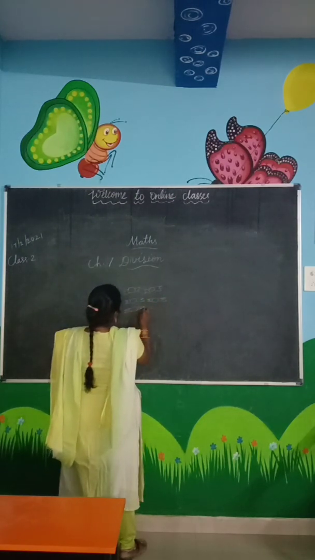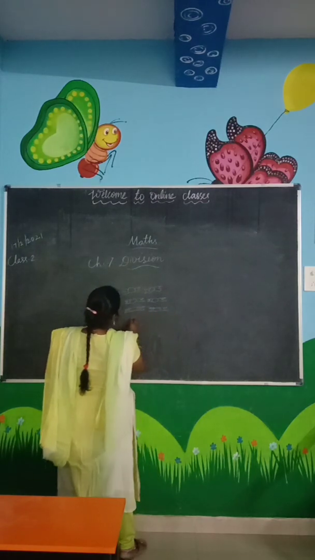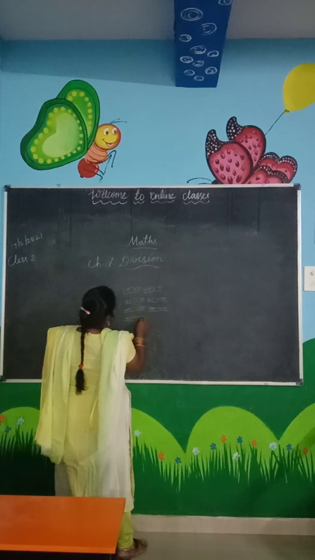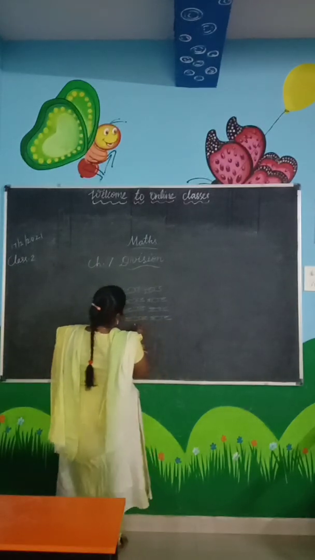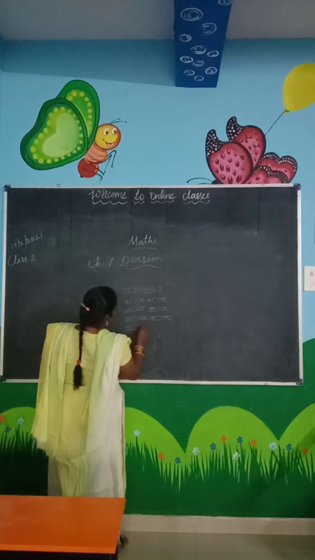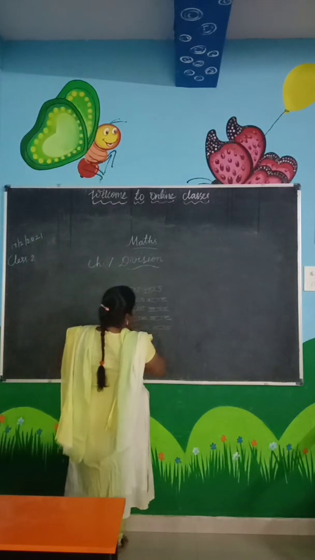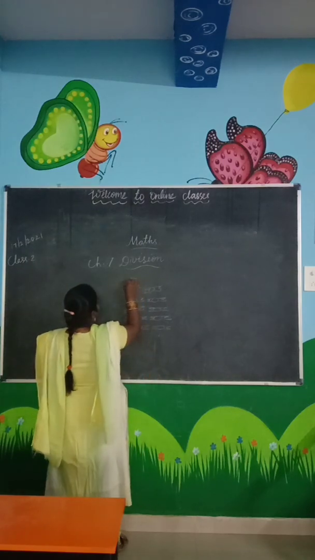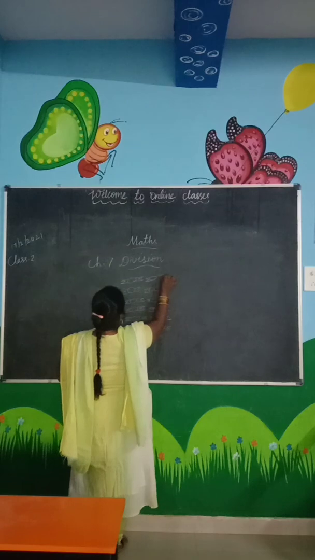I have 10 chocolates with me and I have to distribute these chocolates to my friends. I want to give the chocolates to 4 of my friends, and I want to eat along with them. So how should I distribute?